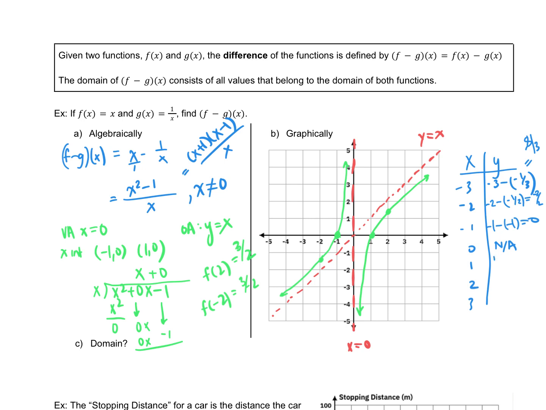At 1, we have 1 minus 1, which is 0. 2 minus 1/2, which is 3 over 2, which is what we had. And then 3 minus 1/3, which is 8 over 3. So those would have been points from our table values if we didn't know how to graph that combined function.